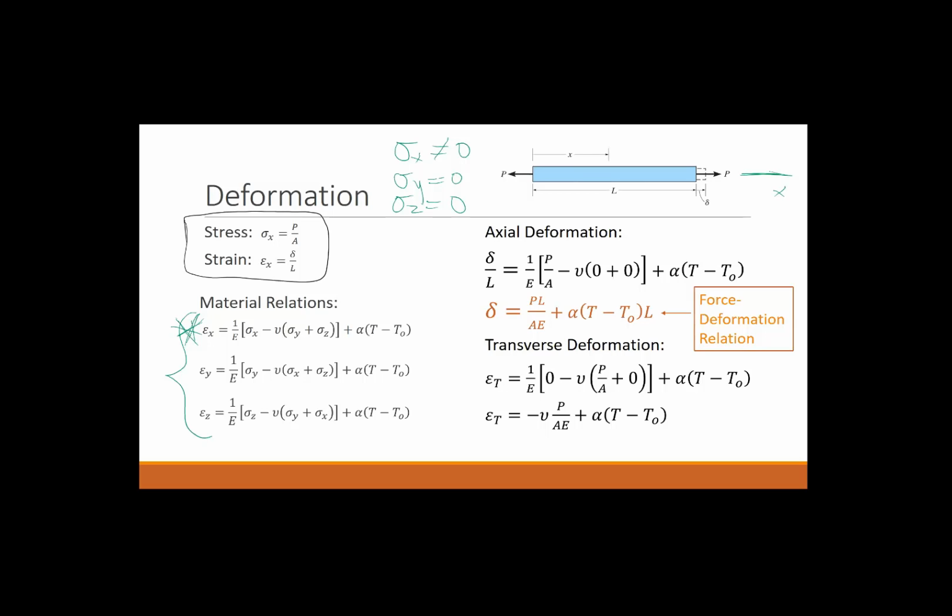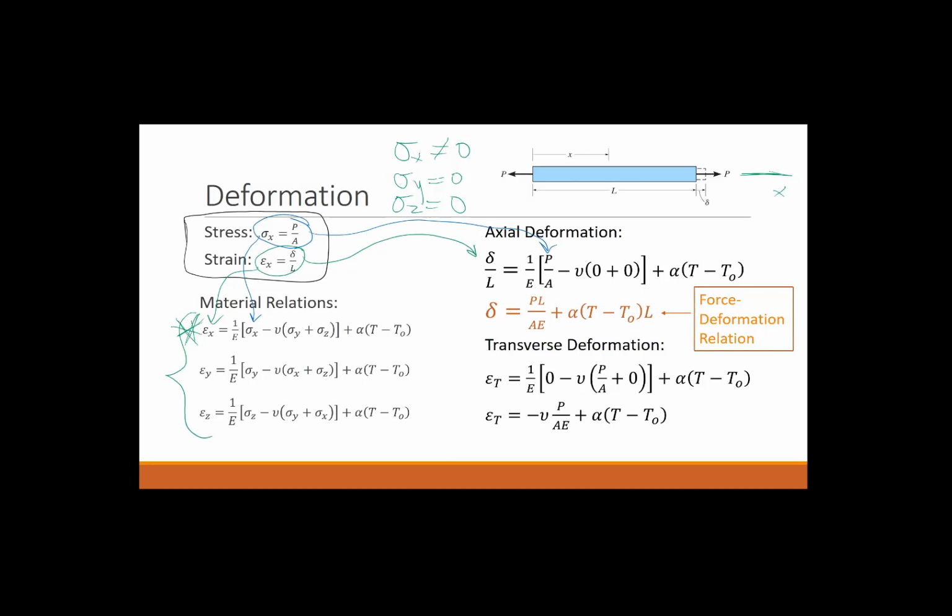So strain, we plug in deformation over length, so that goes on this left-hand side of the equation. On the right-hand side of the equation, we're going to plug in that the stress in the x direction is P over A. So that goes here and comes over here.